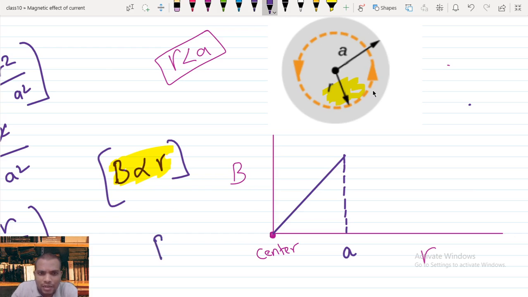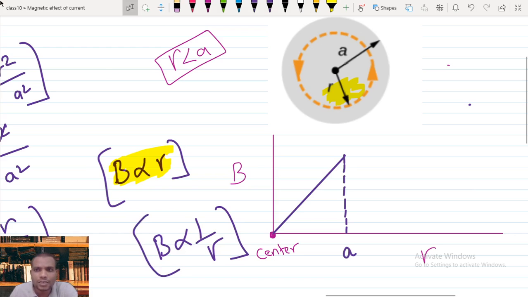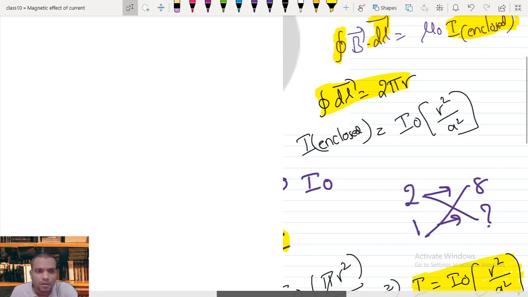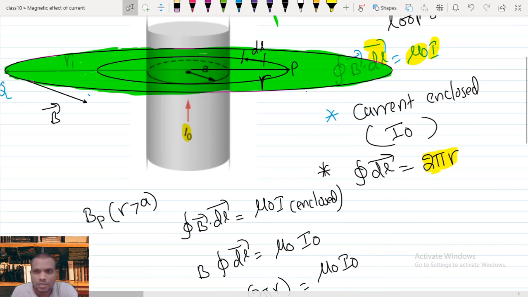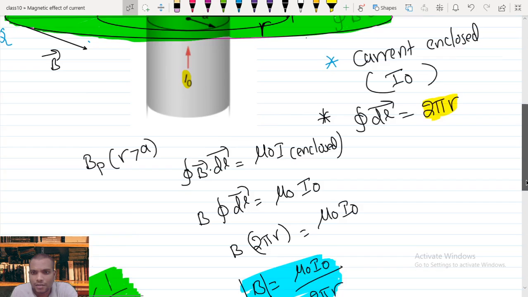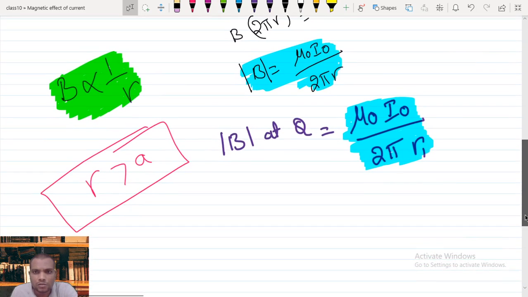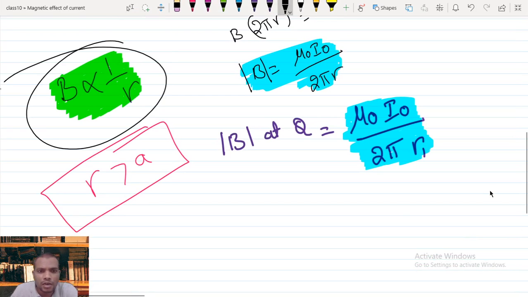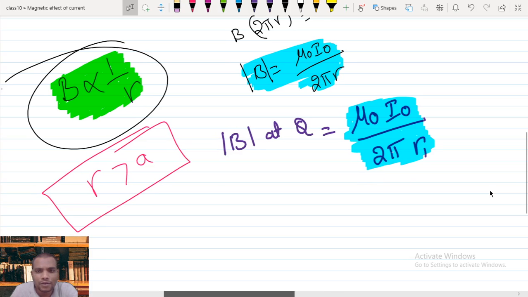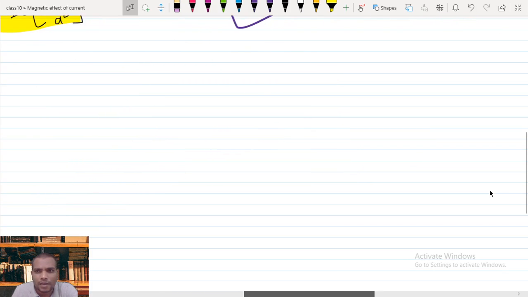The magnetic field is inversely proportional to r. That we got from the first case. So here we got the magnetic field is inversely proportional to r, and there we found the magnetic field far away.